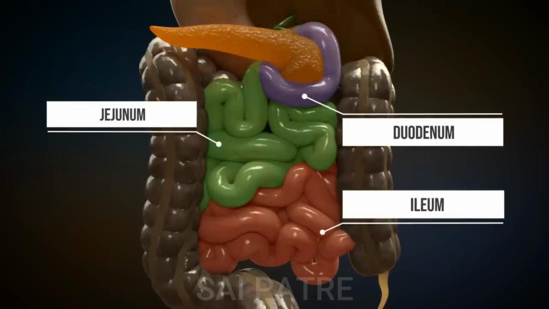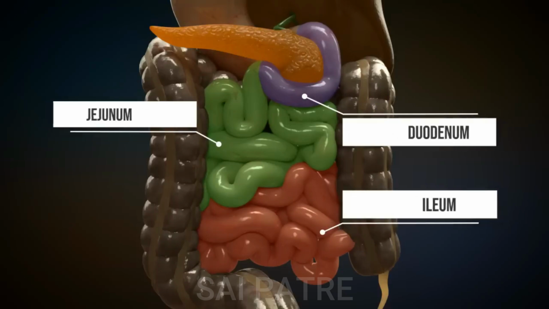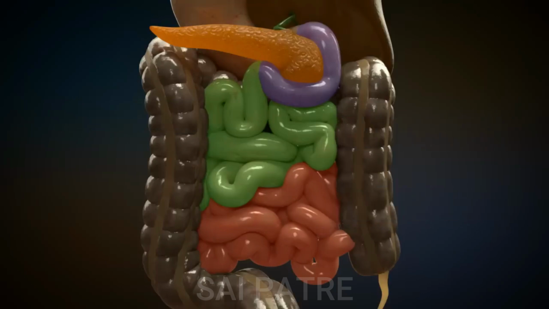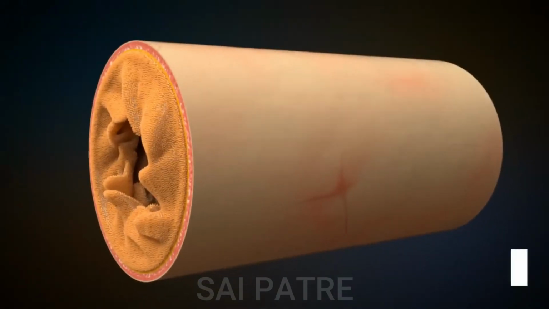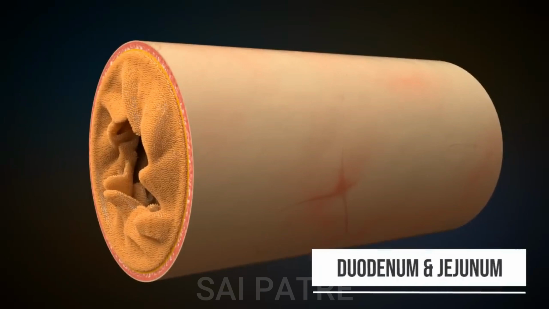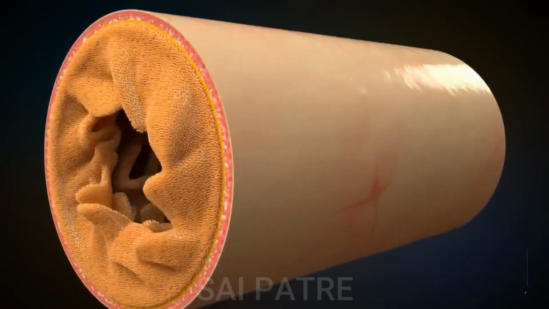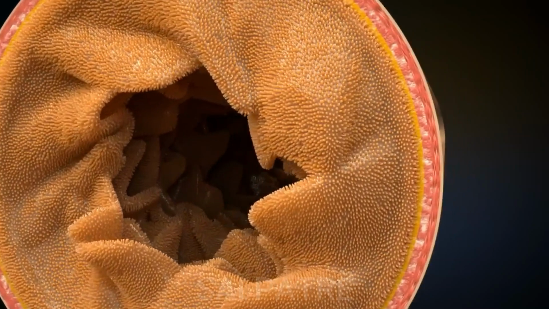The small intestine consists of three sections: duodenum, jejunum, and ileum. The ileum continues into the large intestine in the right lower abdomen.